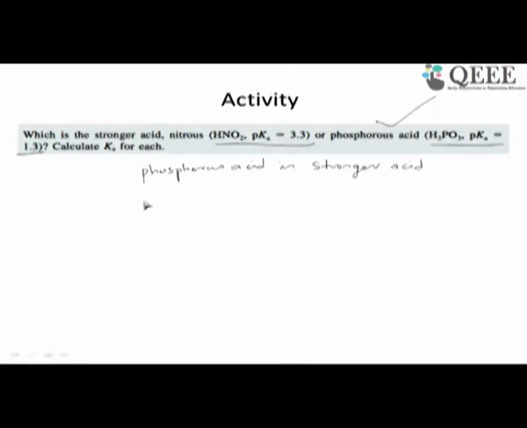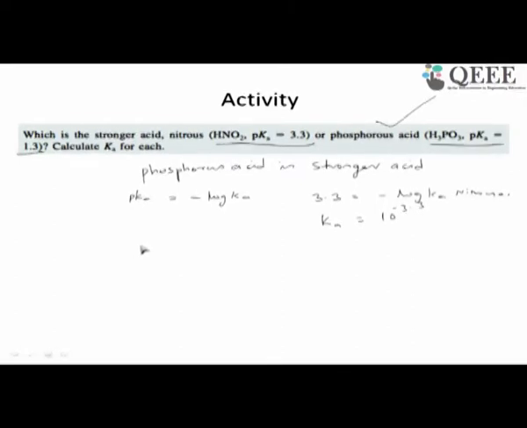Now it's asked, find the Ka for each. We know pKa is negative log of Ka. So pKa, which we know is 3.3, equals negative log of Ka for nitrous acid. If you just substitute, you will be able to find the answer. So I'll quickly give you the answer. For nitrous acid, Ka is 10 power minus 3.3.